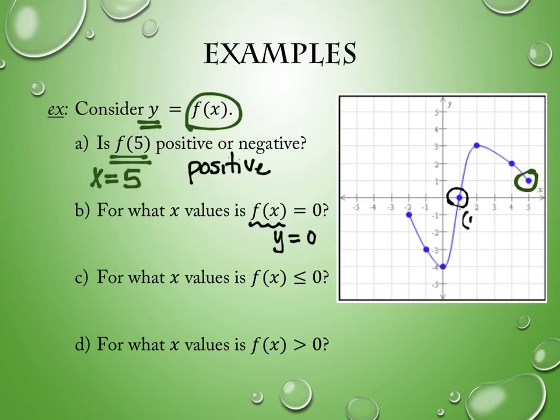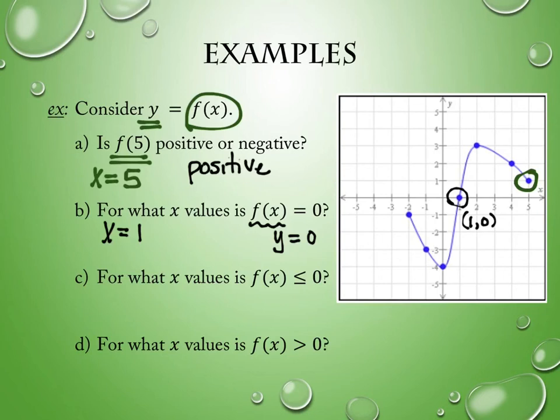At this point, my y value is 0. And the question asks, for what x values does that happen? So what is the x value where that happens? One, right? The x is 1 when the y is 0.